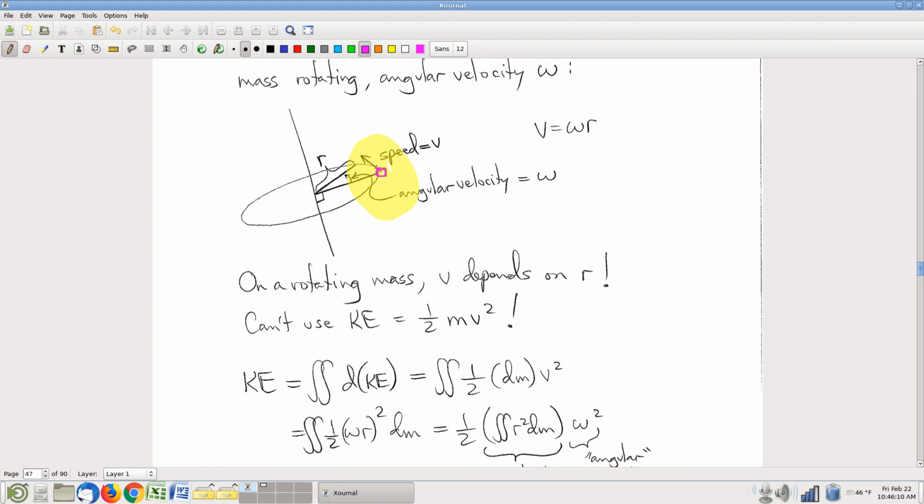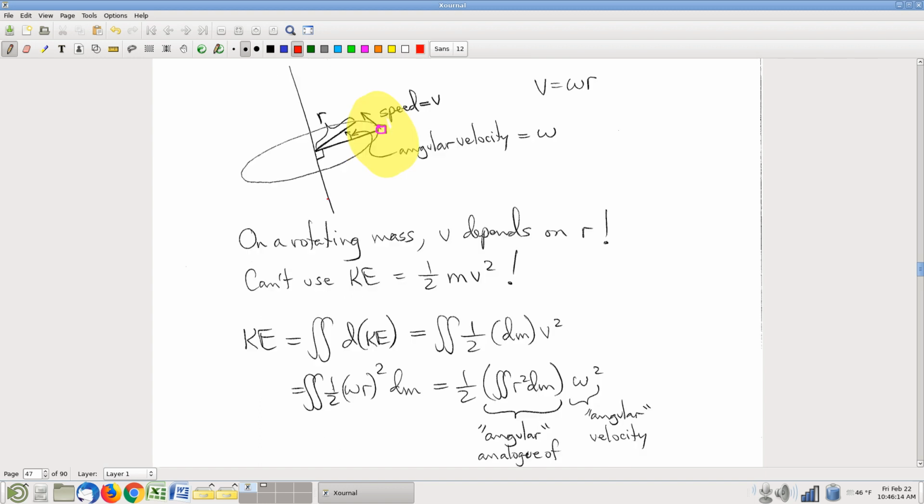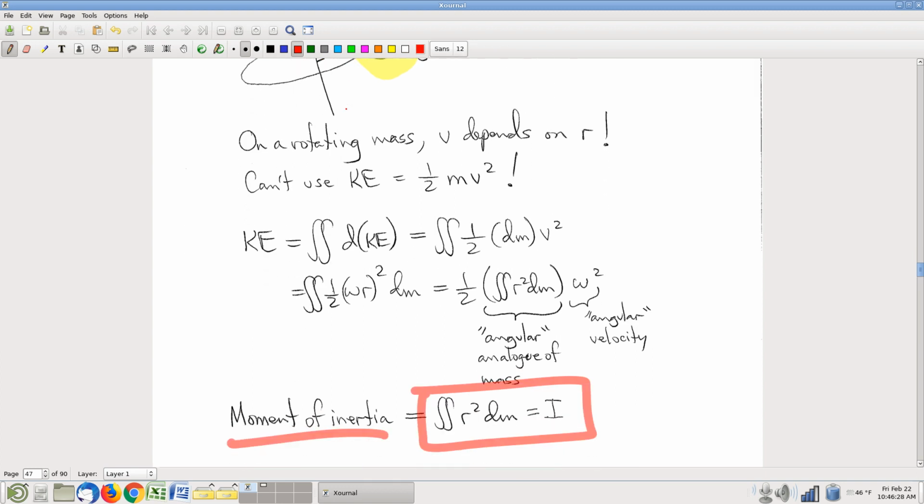On each little piece, we need to talk about how far that piece is away from the axis that we're rotating around. That distance from where you are to what you're rotating around, that's what we're calling R in this formula. And so that's this thing here, R. There we go. Okay.